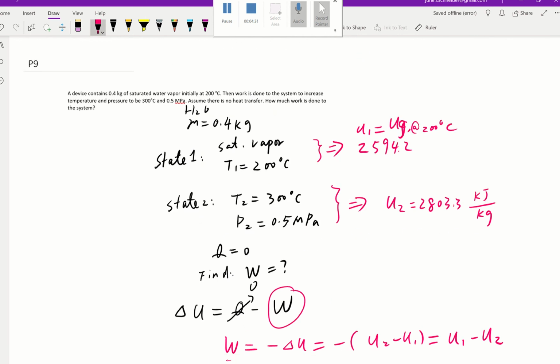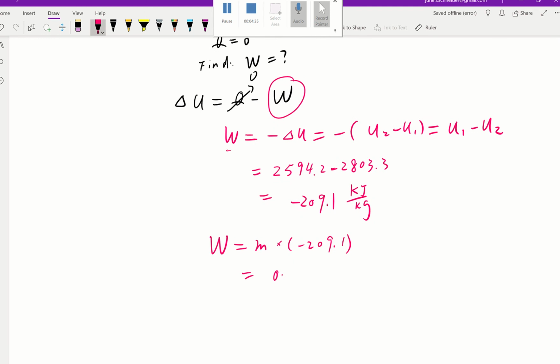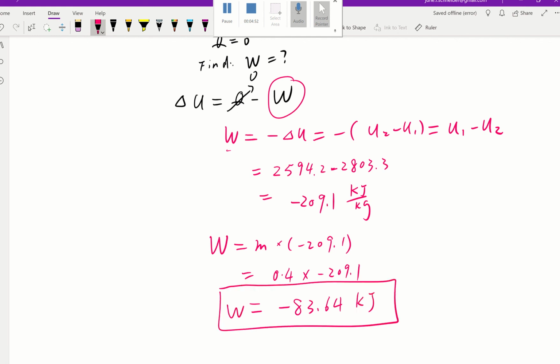That gives negative 83.64 kilojoules. So the work done is this value, and the negative value means it's work done to the system, because work done by the system is positive.